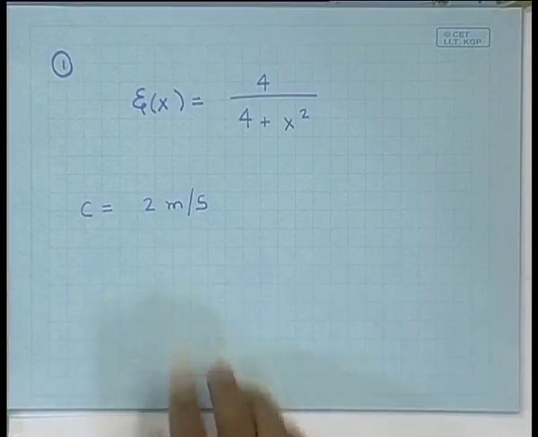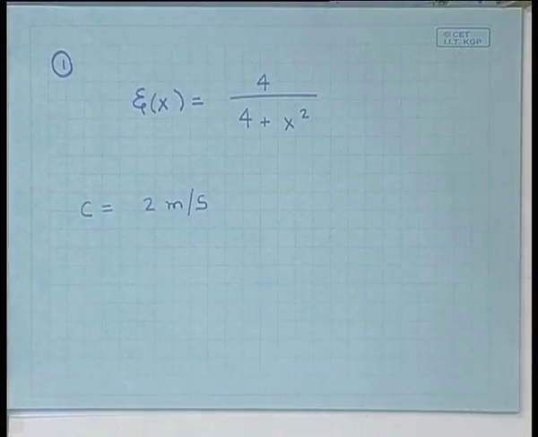So, the first problem that we are going to discuss is given over here. So, you have a displacement xi at the time t equal to 0.